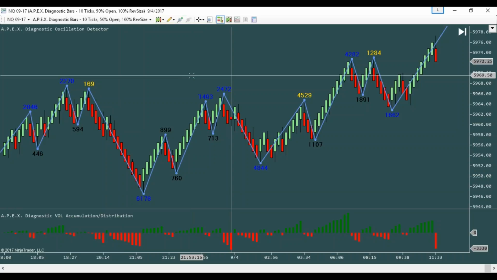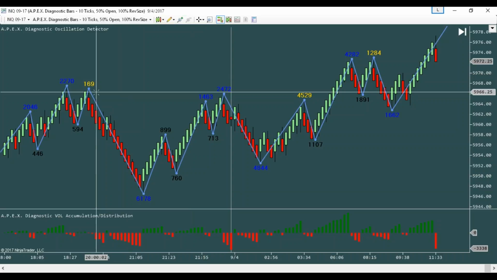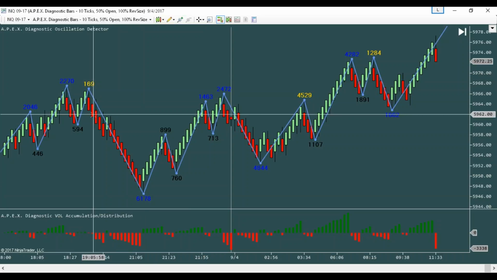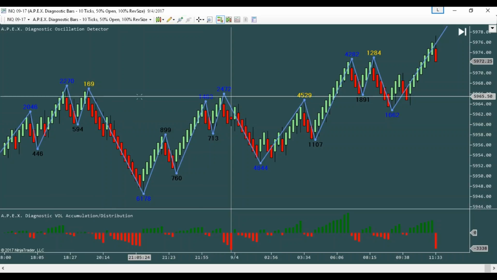So that's the difference between VAD and the oscillation detector. It's measuring the same thing, the volume in a trend. It's just measuring it from a different point, and it's ignoring the elevators.